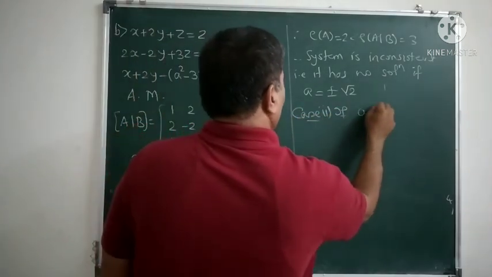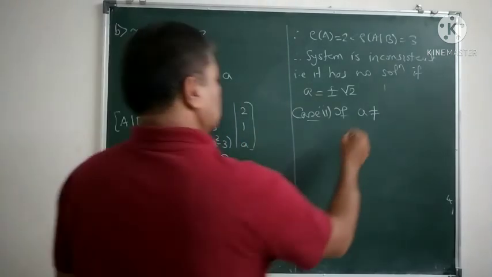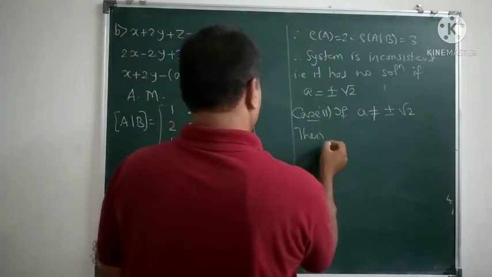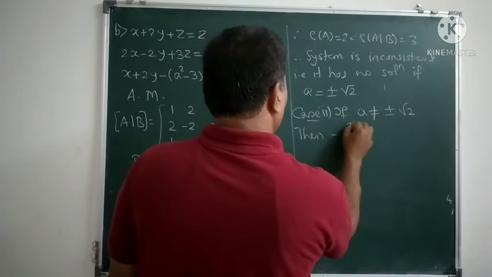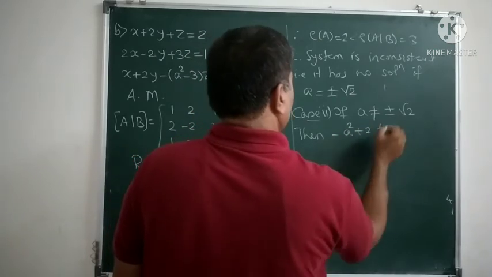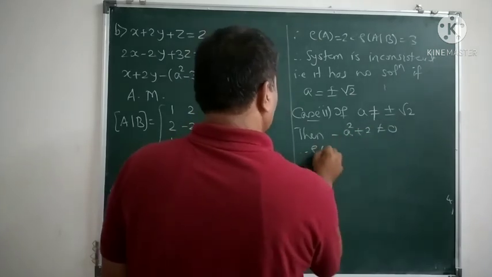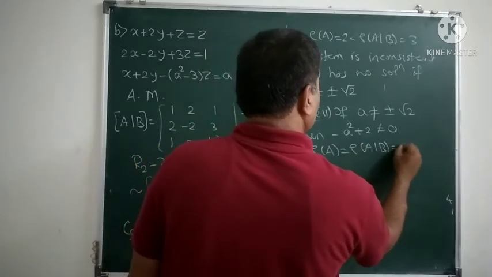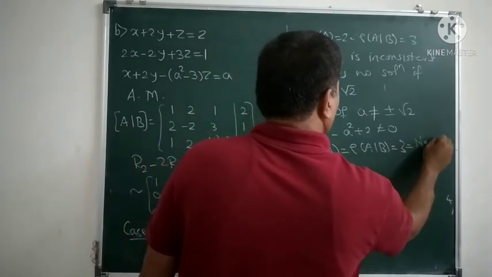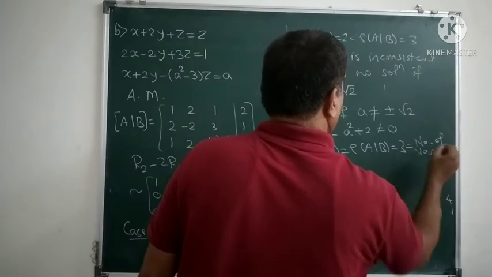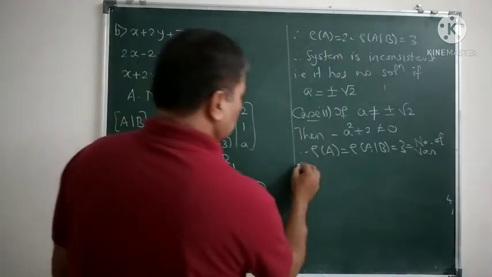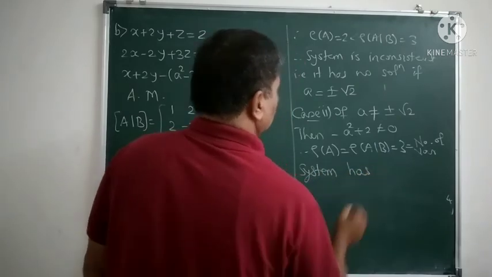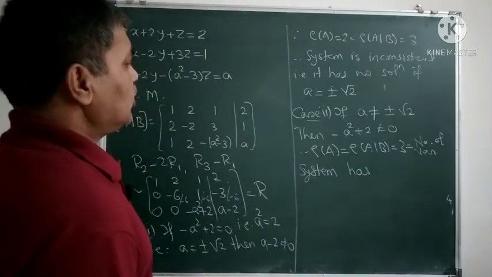if A is not equal to plus minus root 2, then minus A squared plus 2 is not equal to 0, and therefore rank A equals rank AB is equal to 3, which is the number of variables, and therefore the system has a unique solution.